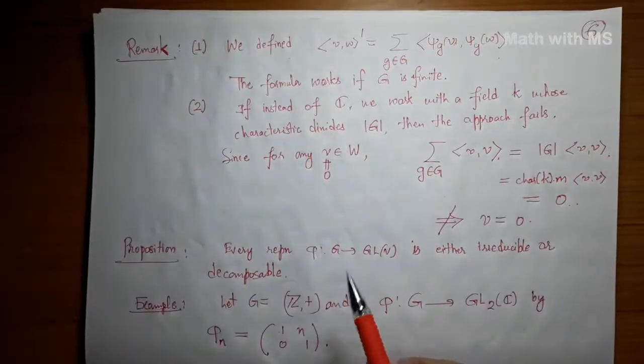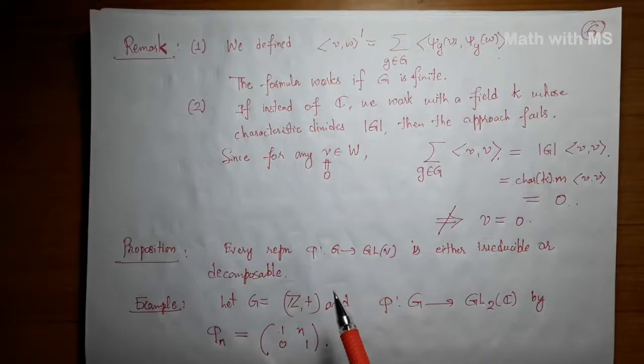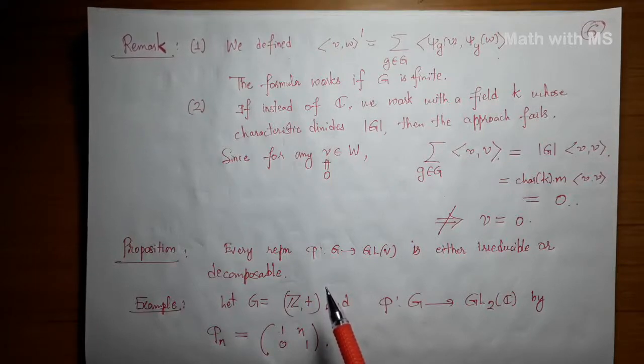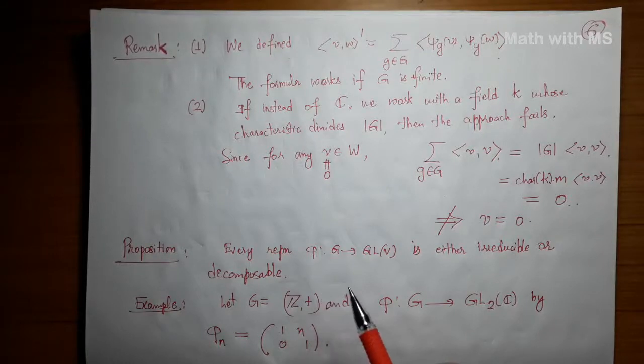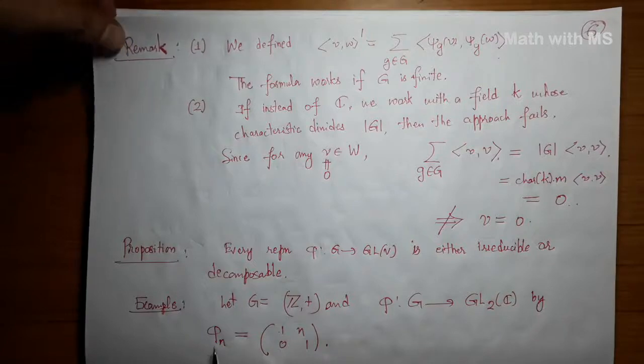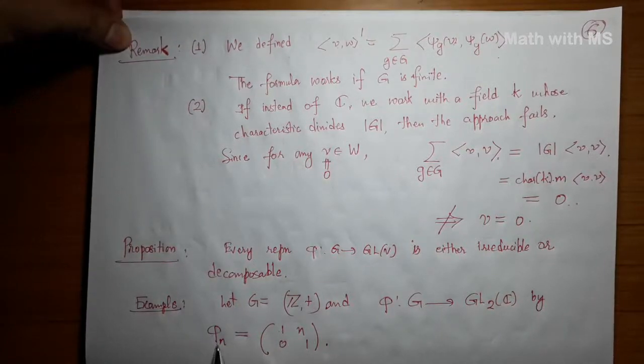I want to make one more remark here, that the result that every representation of a finite group is equivalent to a unitary representation fails to be true for infinite groups. Let us see an example. Take the group to be the additive group of integers, and take phi to be a representation into GL2(C) given by phi(n) equal to the matrix [[1, n],[0, 1]].